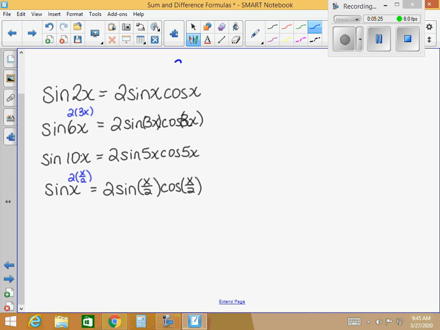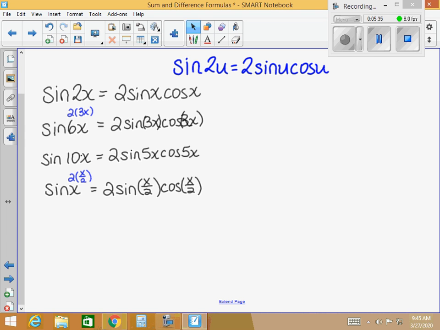Maybe I'll do blue. We know that sine of 2u is 2 times sine u times cosine u. Sometimes I'm given something like 8 sine x cosine x.